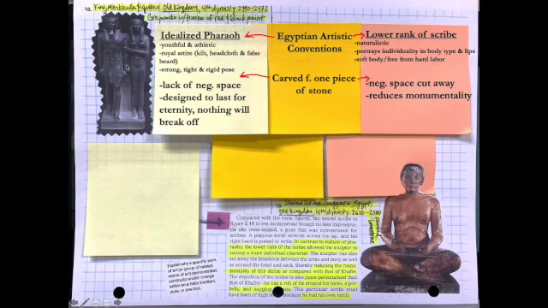The reason King Mankaura and Queen are not cut away is because they don't want things to break off. This gives it more stability. It makes it stronger. Therefore, it's designed to last for eternity because nothing will break. So the one on the right, the seated scribe, by cutting away the negative space, it reduces the monumentality. And I got this from down here.